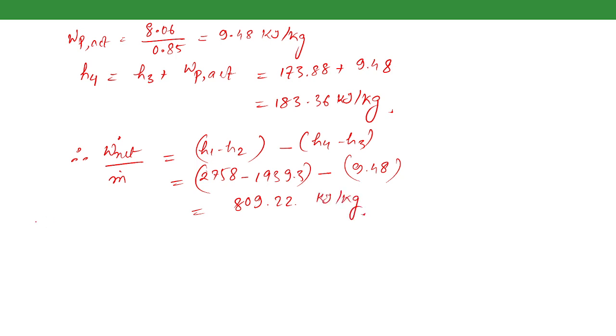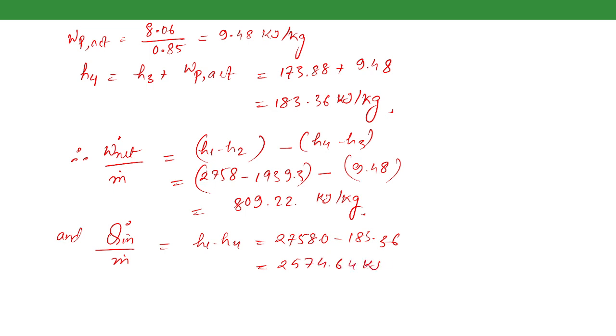Okay, and the Q input per unit mass is H1 minus H4, that is 2758.0 minus 183.36, so it comes out to be 2574.64 kilojoule per kg.